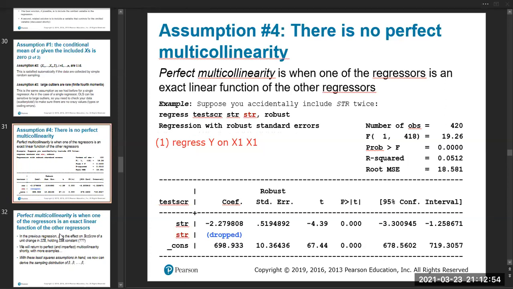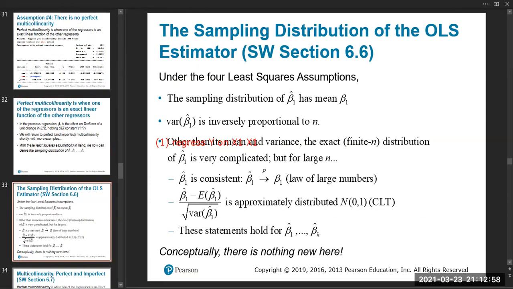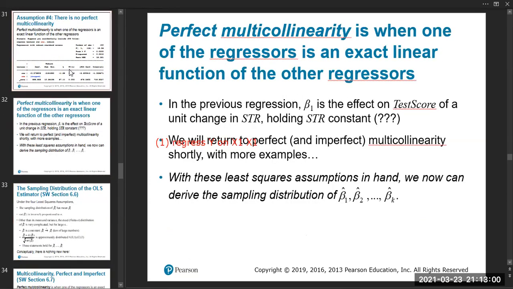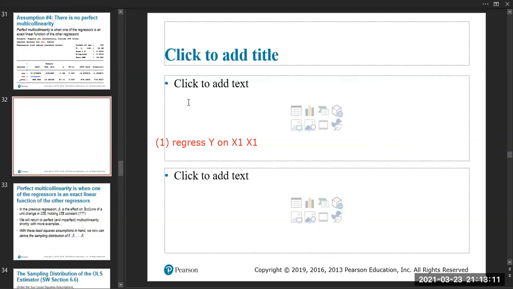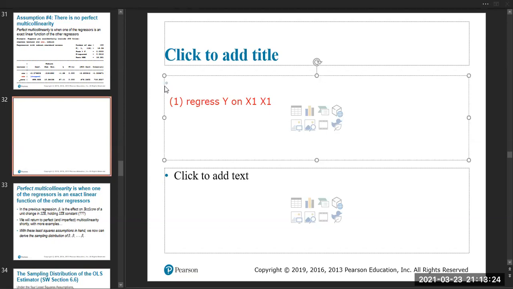Let's take a look at the next example. We have a better idea about it. Oh, there aren't other examples. Okay, let me use a new slide. Okay, so the first example is regress y on x1, x1.